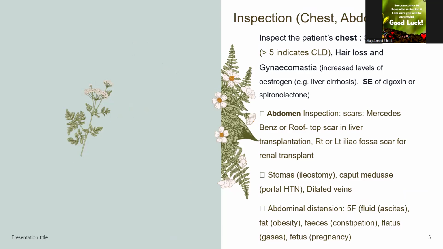So if you find the abdomen is distended, don't invent a sign saying the patient has ascites. You have to be very careful when you check for shifting dullness, because if the patient has organomegaly, it could be a little bit tricky. With abdominal distension, as I said, the most important thing is to check if the patient has ascites or not.